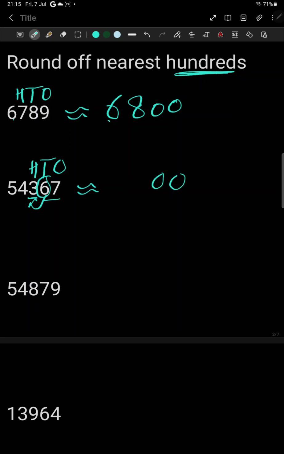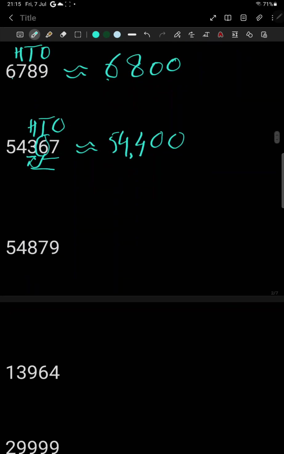The number at the hundred place will round up, so 3 will become 4, and the remaining number will remain as such. There will be no change. So the number 54,367 will become 54,400. Instead of 367, it becomes 400.